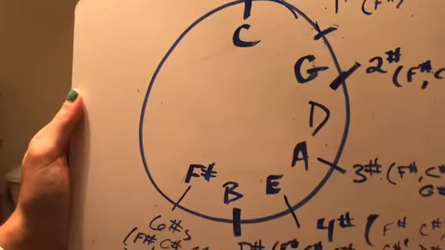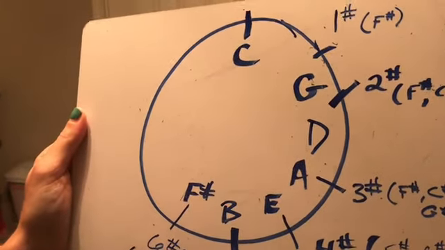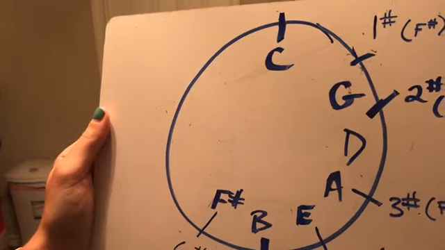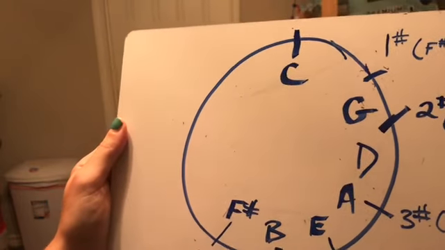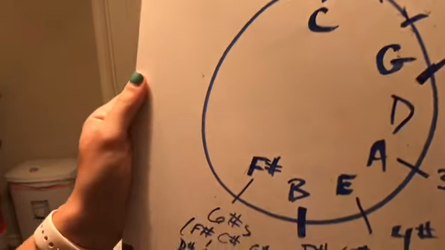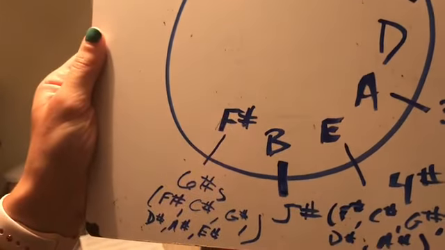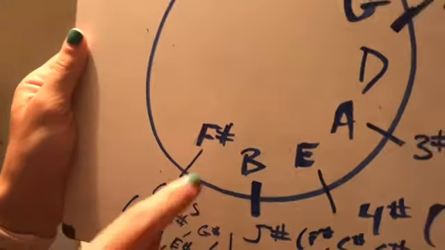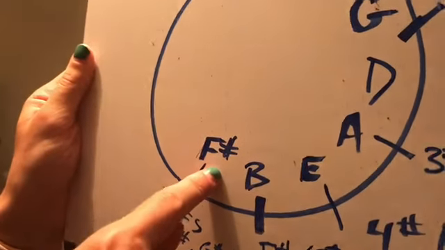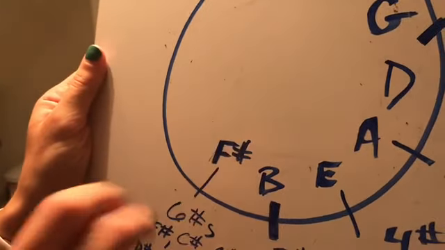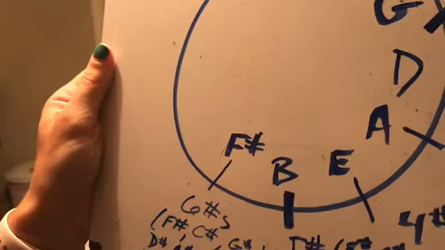A couple of you guys went ahead and filled out a circle of fifths that I had accidentally sent out a couple weeks ago, and this is where a lot of pitfalls happened. A fifth higher from B is not F. It is actually F sharp.